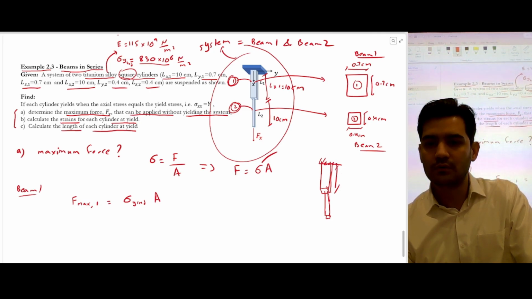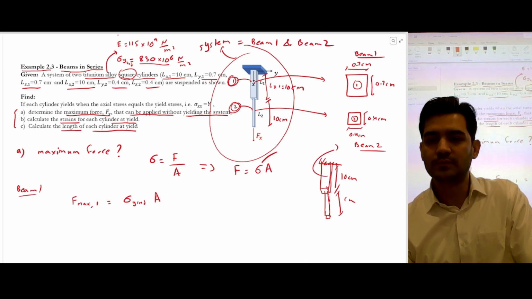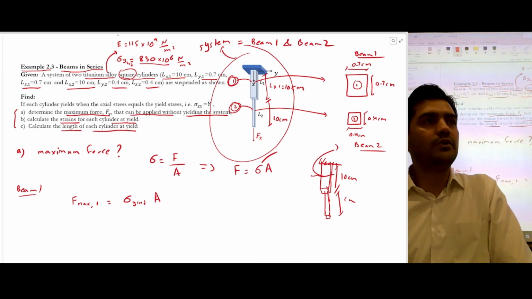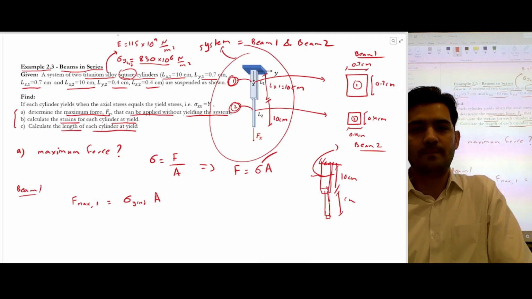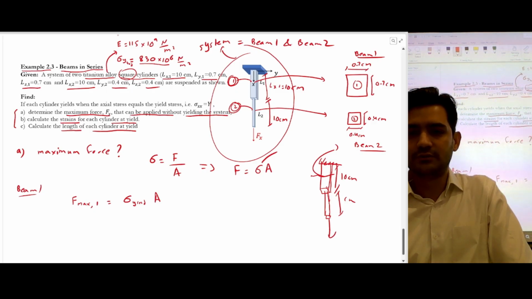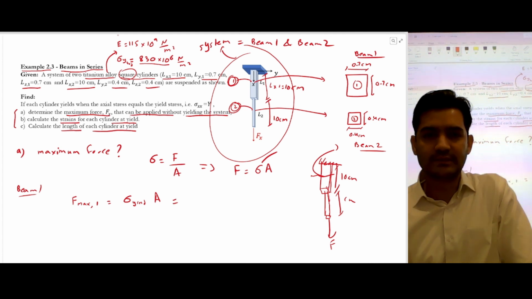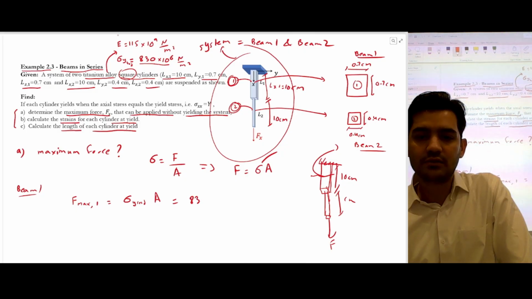Fixed support, 10 centimeter. This is also 10 centimeter. So we're talking about this part. So what do you think the area would be? So if you have a force, the stress we know is 830 into 10 raised to the power 6 Newton per meter square.